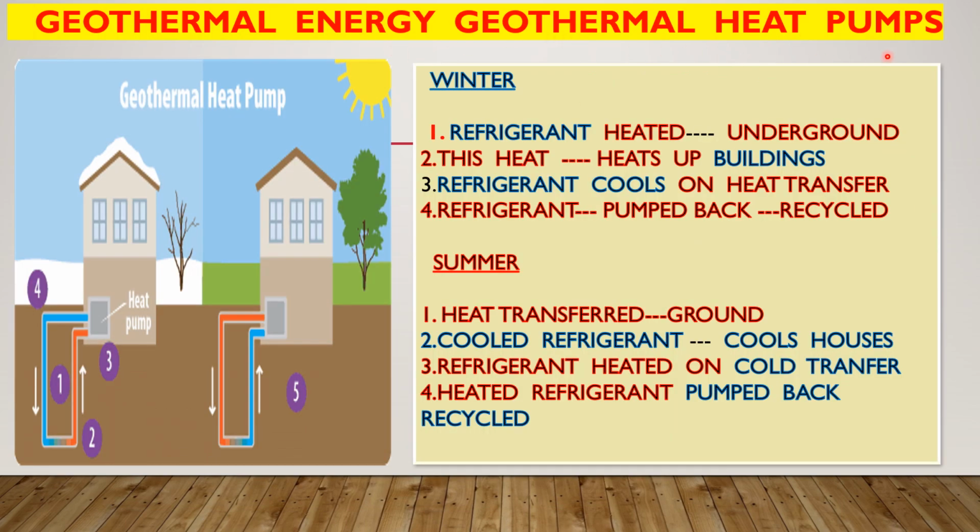Geothermal heat pumps. This is yet another very novel technology. What happens in the winters, when the atmosphere is too cold, is that the ground is hot. Remember, in the winter the ground is hot, but the atmosphere over the ground is icy and too cold. So what happens? Look at point number 1.